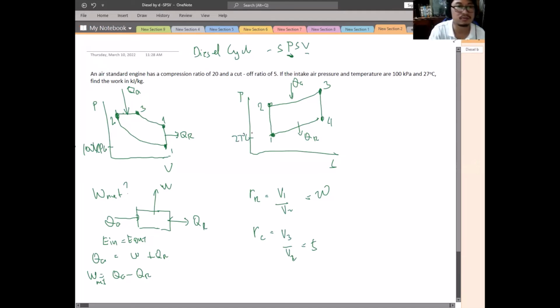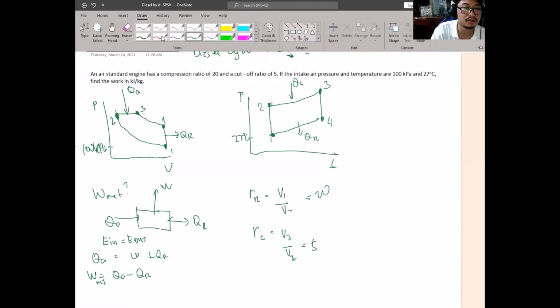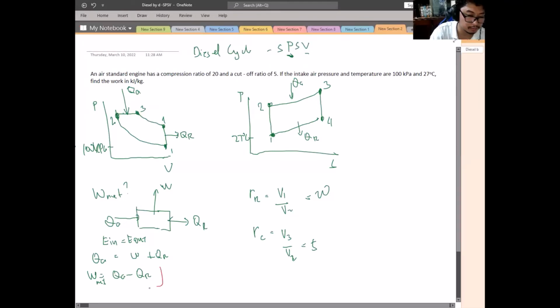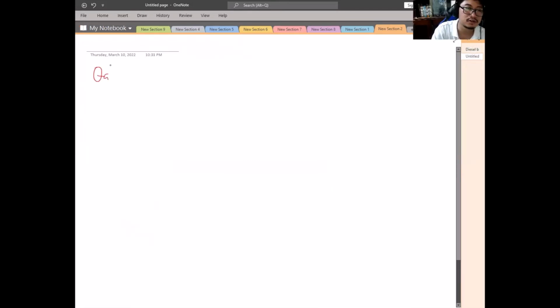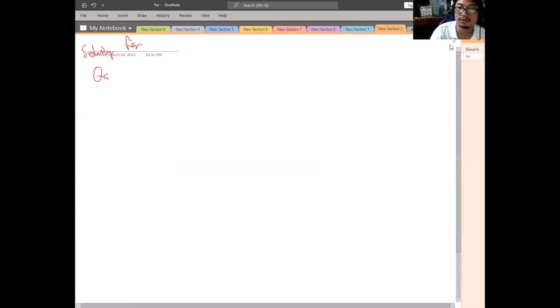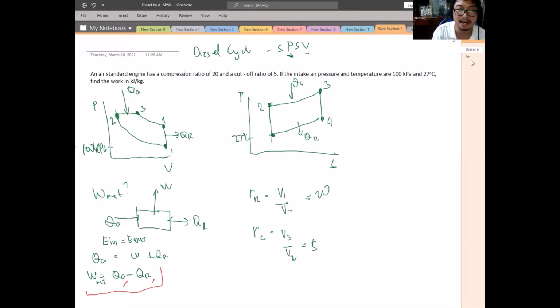Okay, let us find the net work. To find the net work, we will find QA and QR. Solving for QA, it can be found on process 2 to 3, which is an isobaric process.